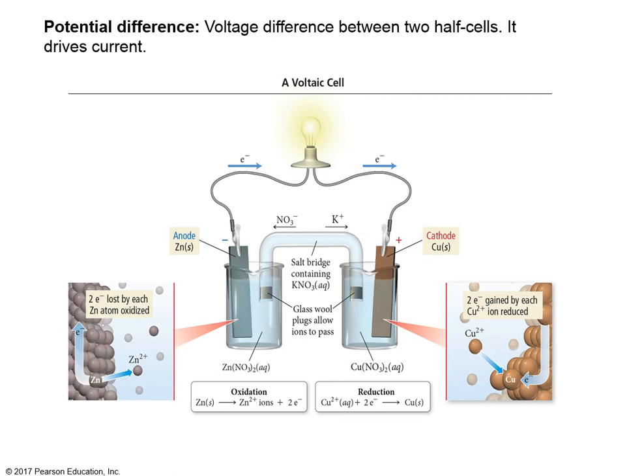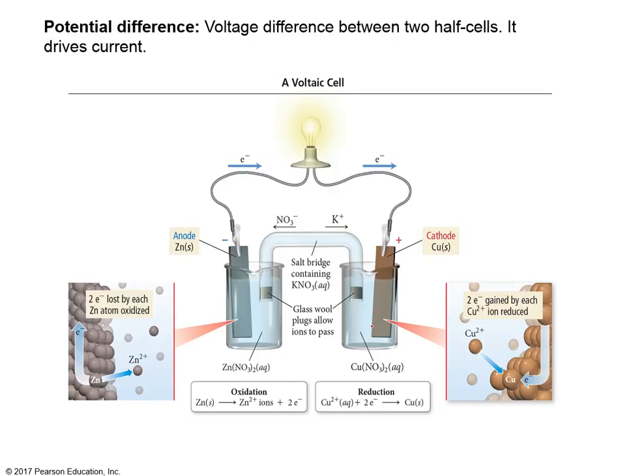Now if you look at this cell, we have two electrodes here. We have the anode, which has zinc, and we have the cathode, which has copper. Each of these have their own electron potential.